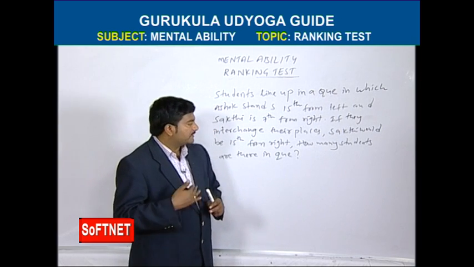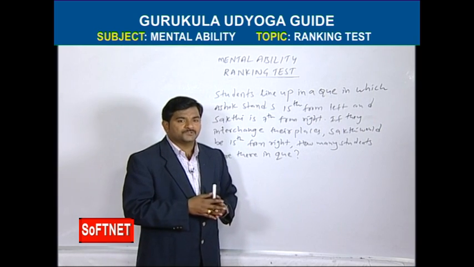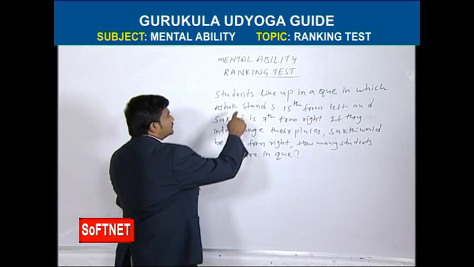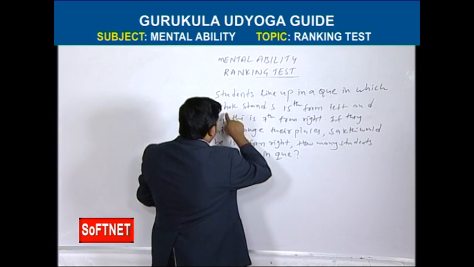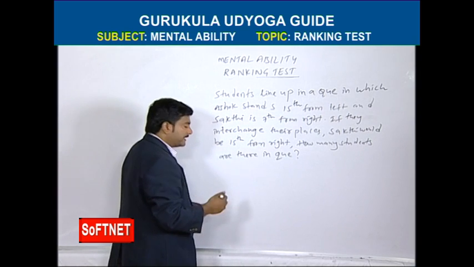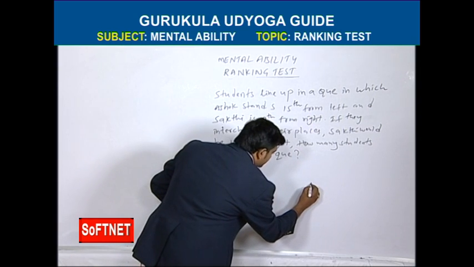So it is something of a different concept, the interchanging concept. You should think in a logical way. We'll start doing it one by one. Students line up in a queue in which Ashok stands 15th from the left. We will take left and right. For example, this is left and this is right.